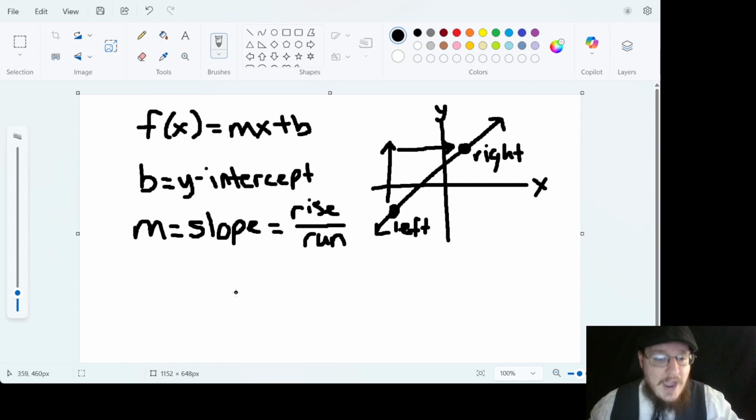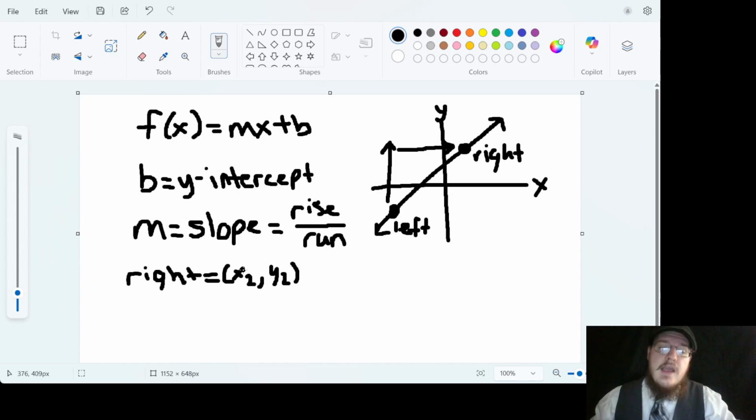And for the right point, it's going to be written as x sub 2, comma, y sub 2.